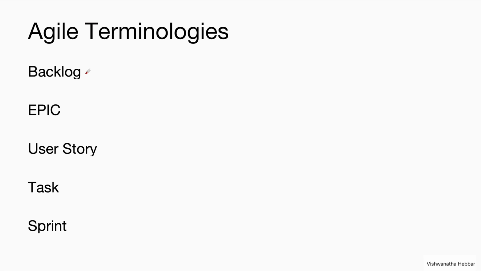You are going to select some features from the backlog, and let us say there are 100 features here. You select, let us say, 5 features, and these 5 will be developed in the coming sprint, which is called the sprint backlog. A sprint is nothing but a time period of 2 to 4 weeks to complete the selected user stories. Keeping these terminologies and concepts in mind, we can proceed to practically using Jira now.